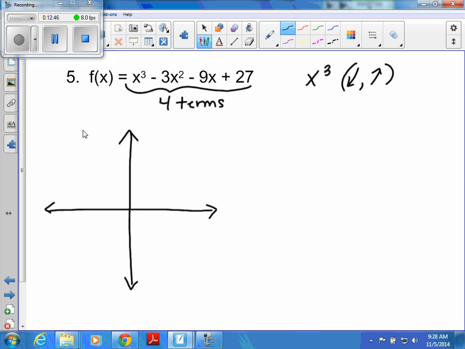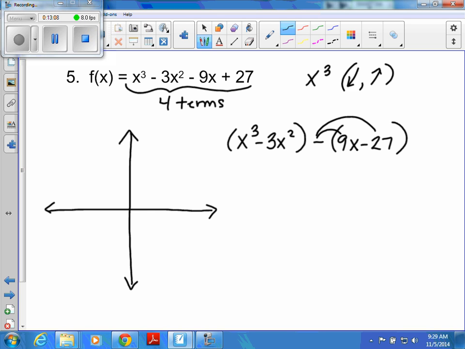I'm going to group the first 2 together, and I'm going to group the last 2 together. The reason why I changed that negative 27 is because I brought the negative sign out. If I bring the negative sign out, if I do the distributive property, I'm back to what I had at the beginning. You've got to be really careful with that negative sign when you group.